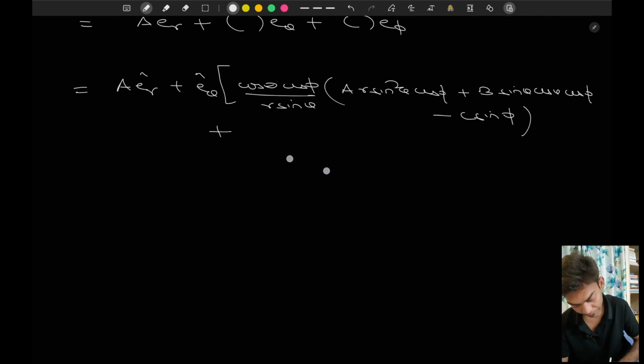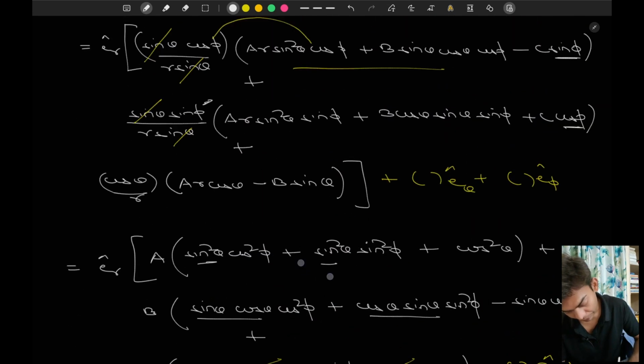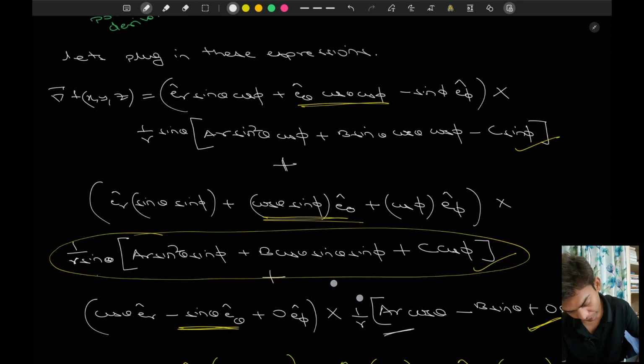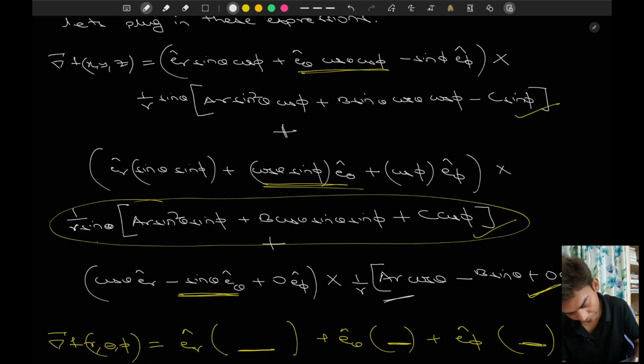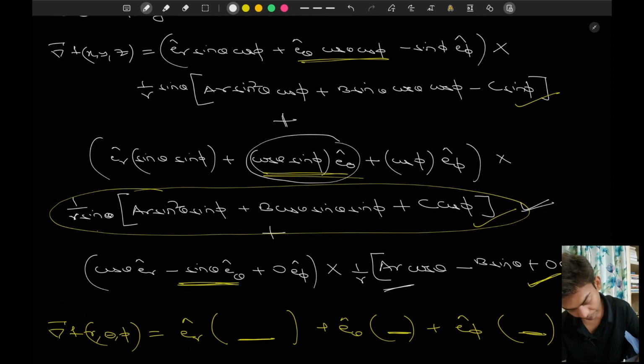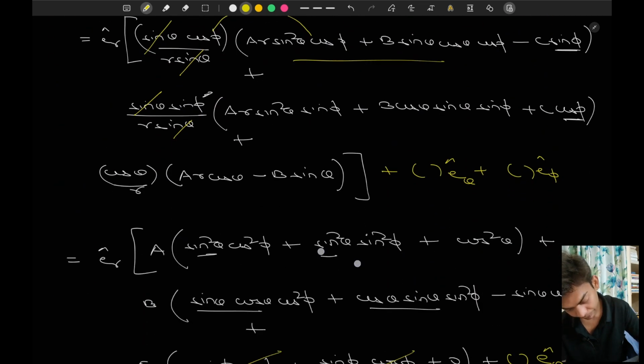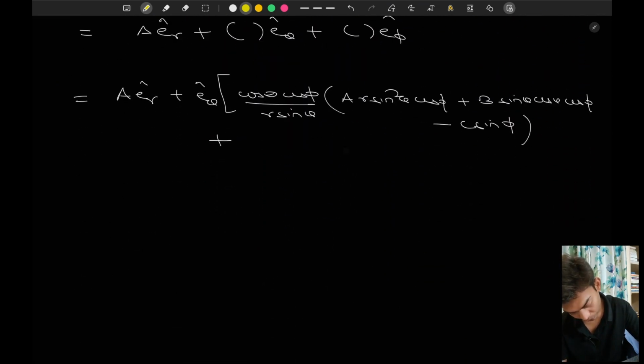Then we will have plus this term multiplied with this entire term, because the first time we took this term and multiplied with this entire term. The second time we have to take this, multiply with this term. So let's do that.